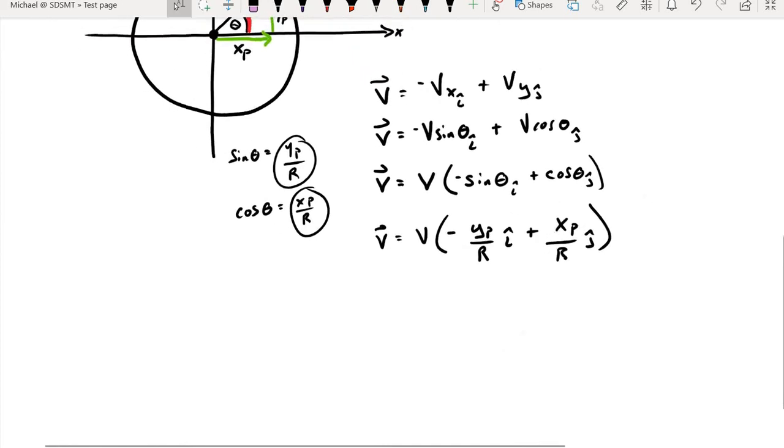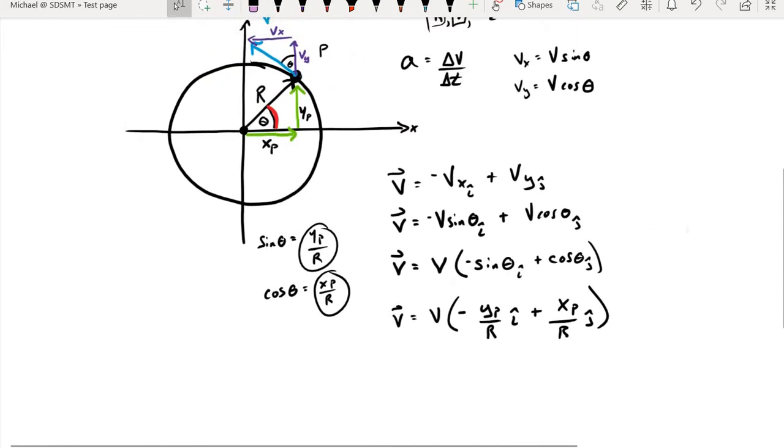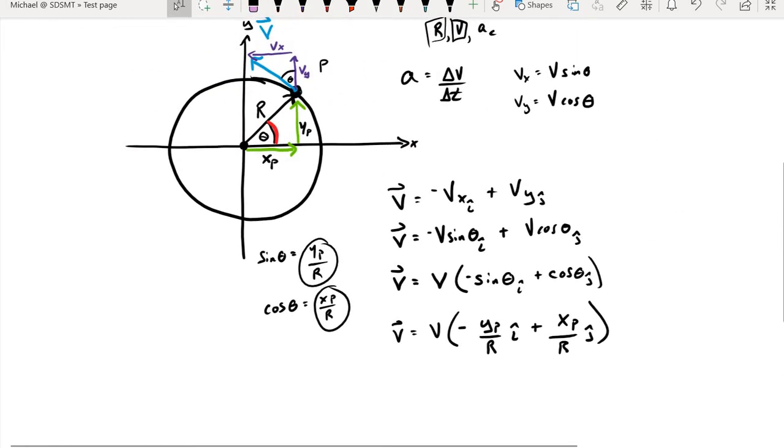Now this is where things can get a little confusing, because I now have essentially the x component of my velocity being defined using a y component of position. And I have the y component of my velocity being defined using the x component of position. So does that mean that we did something wrong?